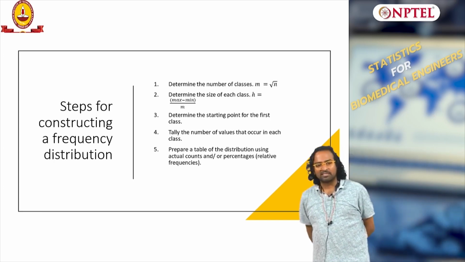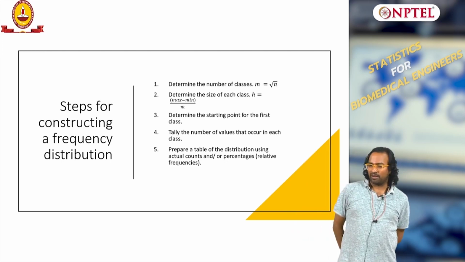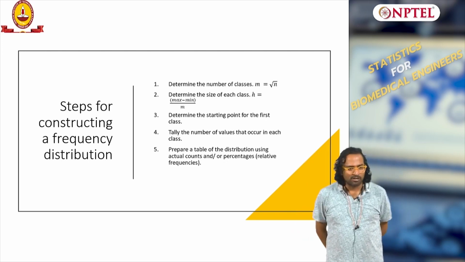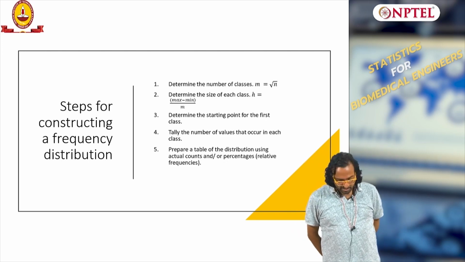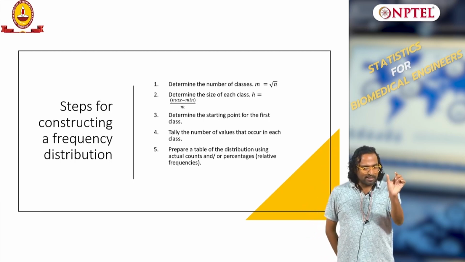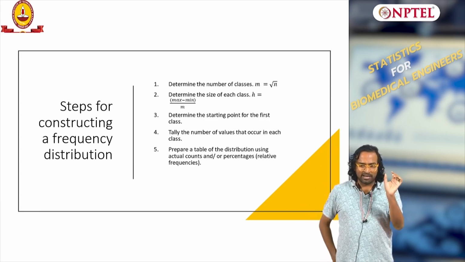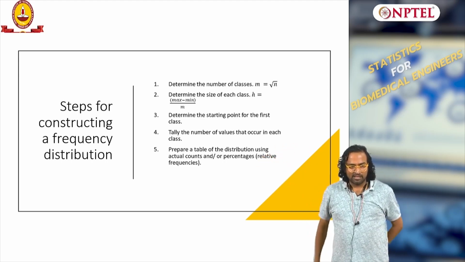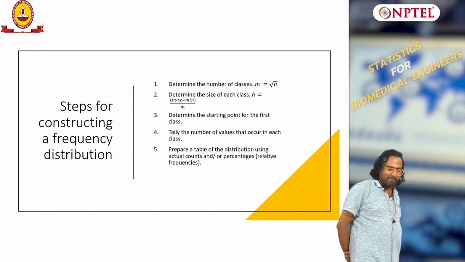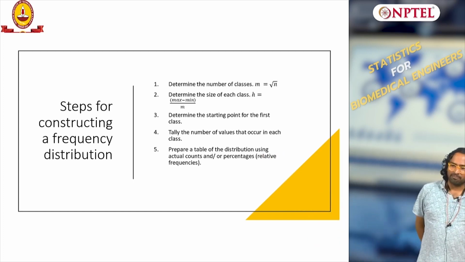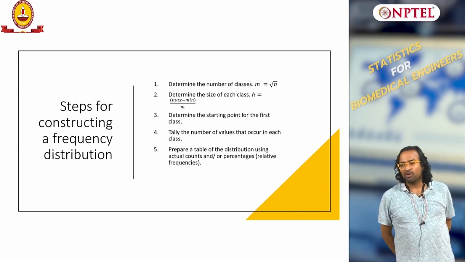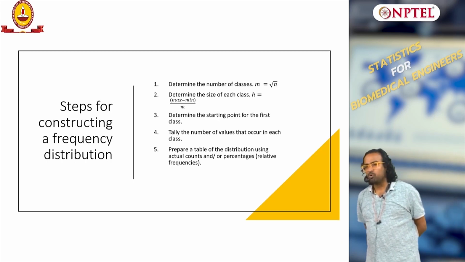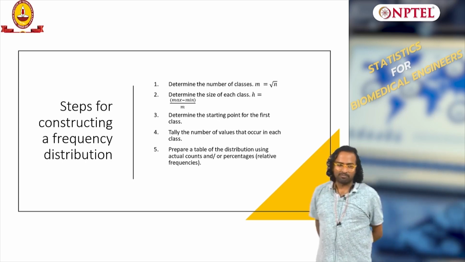The number of classes is equal to the square root of n, which is a very good starting point, and then you have to determine the width of each class. The width of each class is given by (max minus min) by m. That way you uniformly distribute the classes.